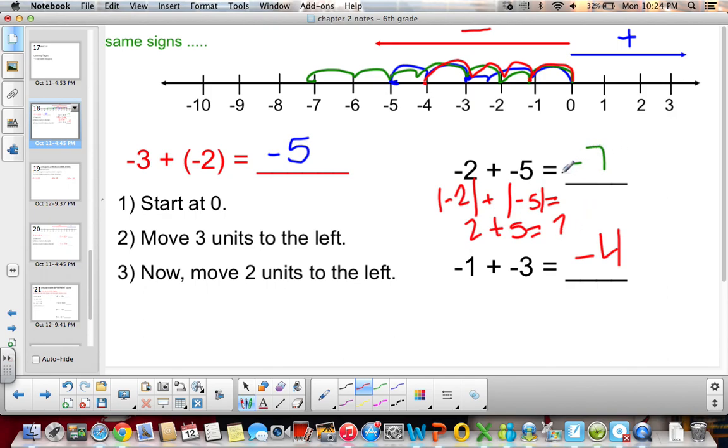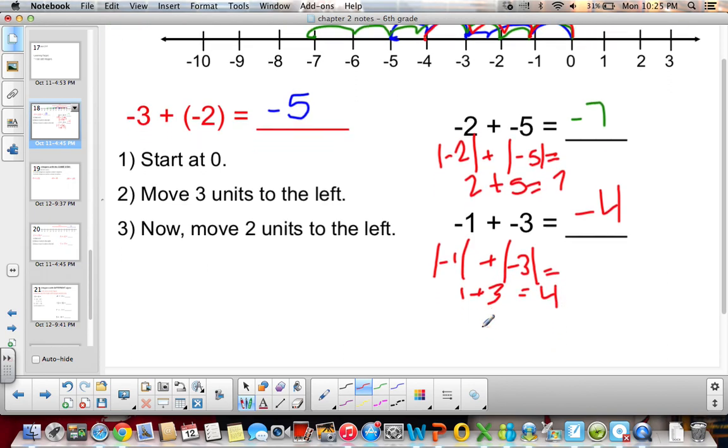Even though our answer is -7, you get 7. Here, if we take the absolute value of -1 and add it to the absolute value of -3, we have 1 plus 3, so we would get 4. We can see that we have the same numbers, just different signs.